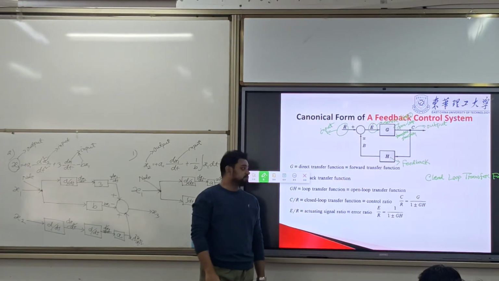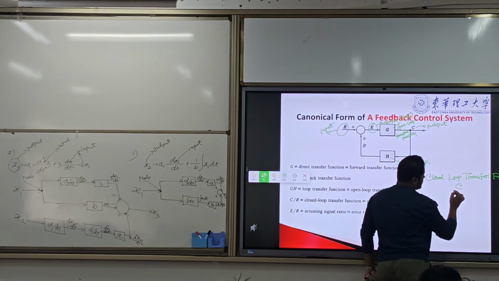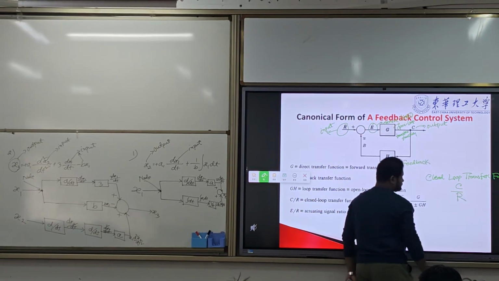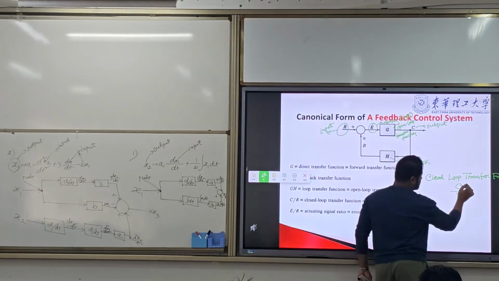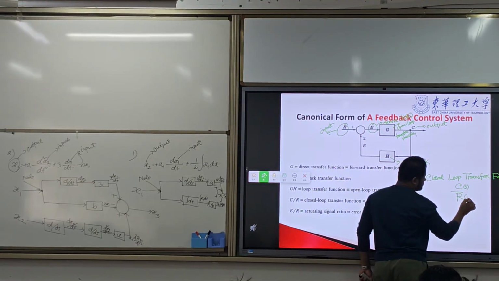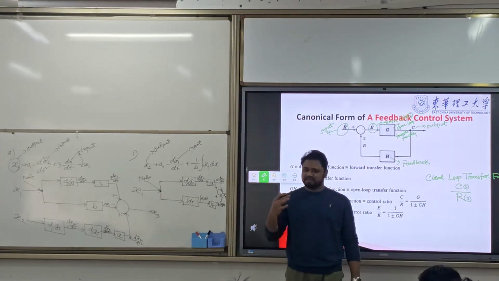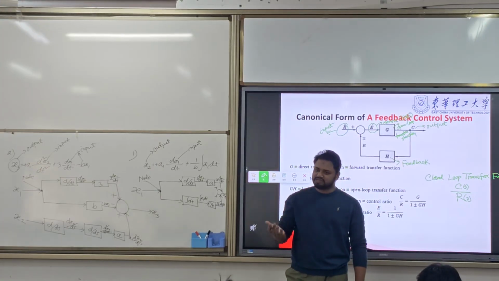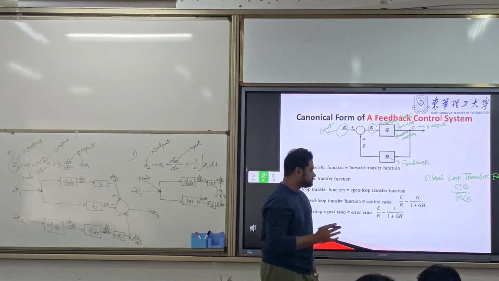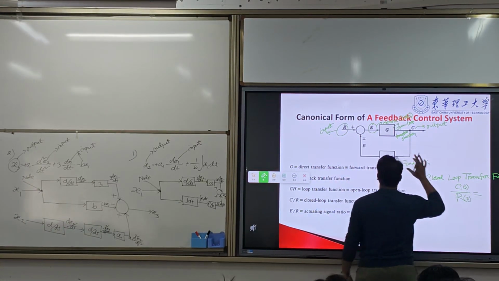So the closed loop transfer function is C by R. Sometimes you will see C(s) by R(s). Same thing, because it is in the Laplace domain, not the time domain. Sometimes it is shortly written C by R. We can define it from here.